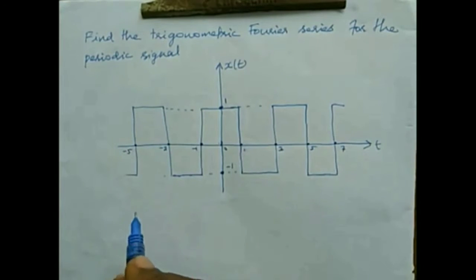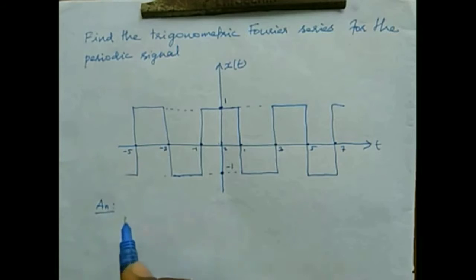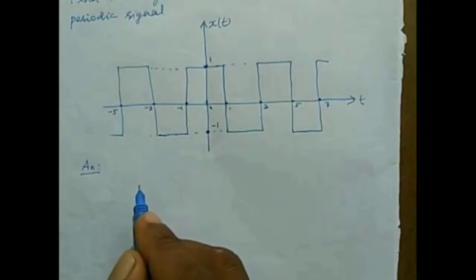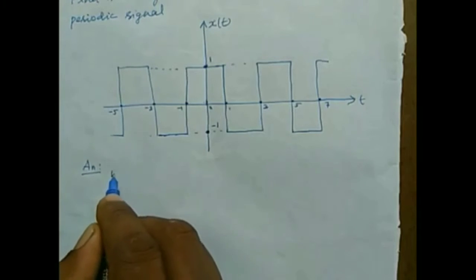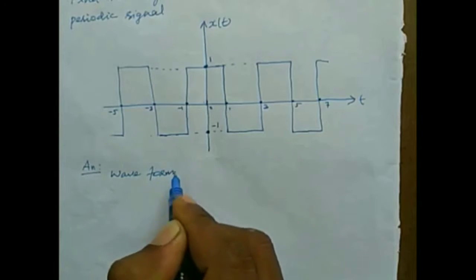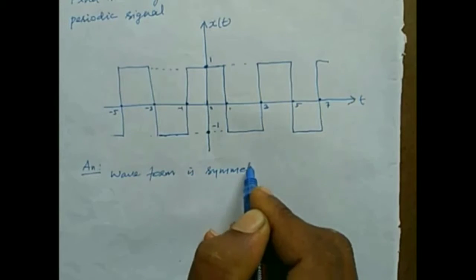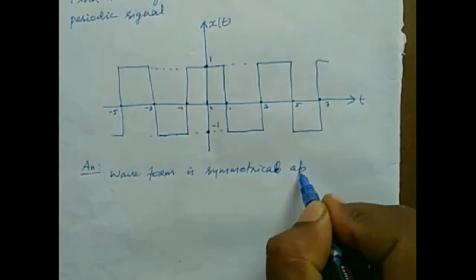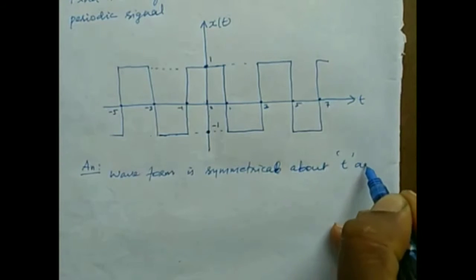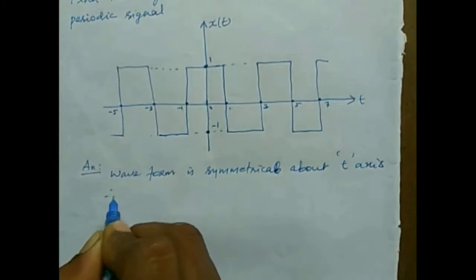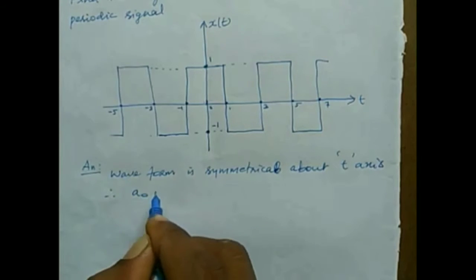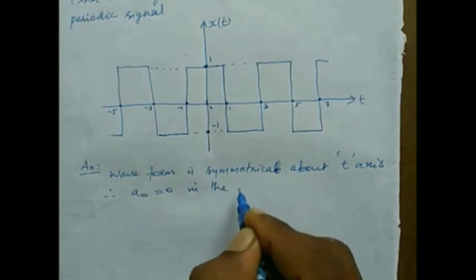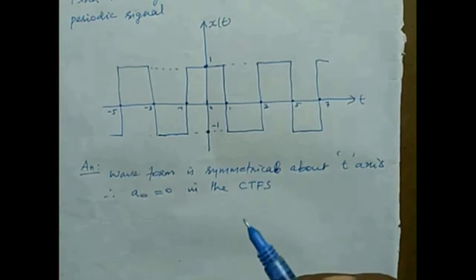Okay, now let us solve the problem. Answer: we can say that the waveform is symmetrical with respect to the time axis, so the A0 component will be 0 in the Fourier series.